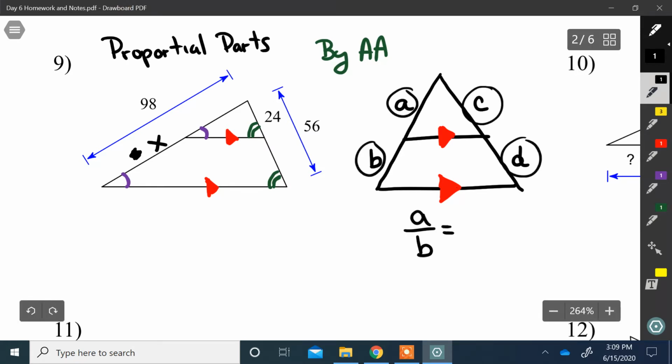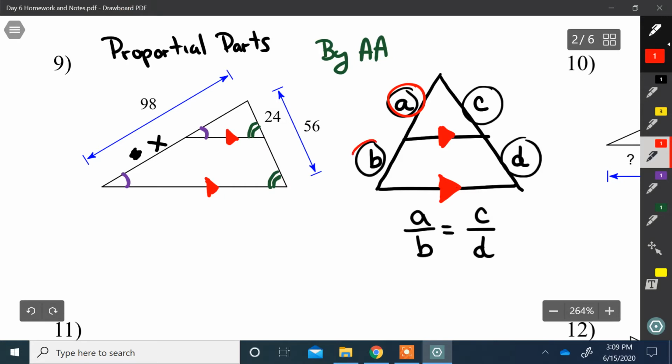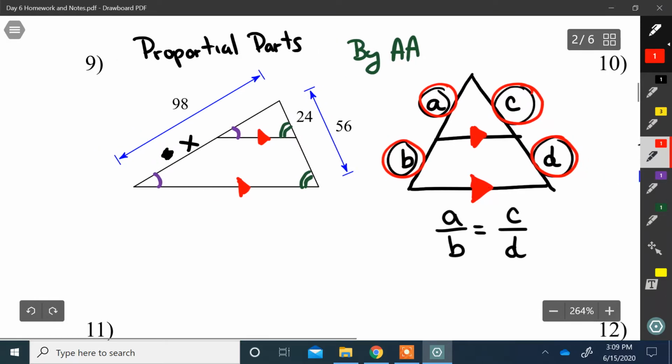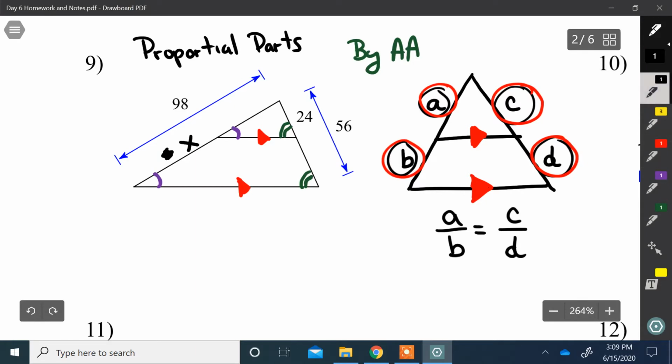That A over B should equal C over D. That's what the theorem is telling us. So we break it apart like that, and we're going to use that same idea in here.